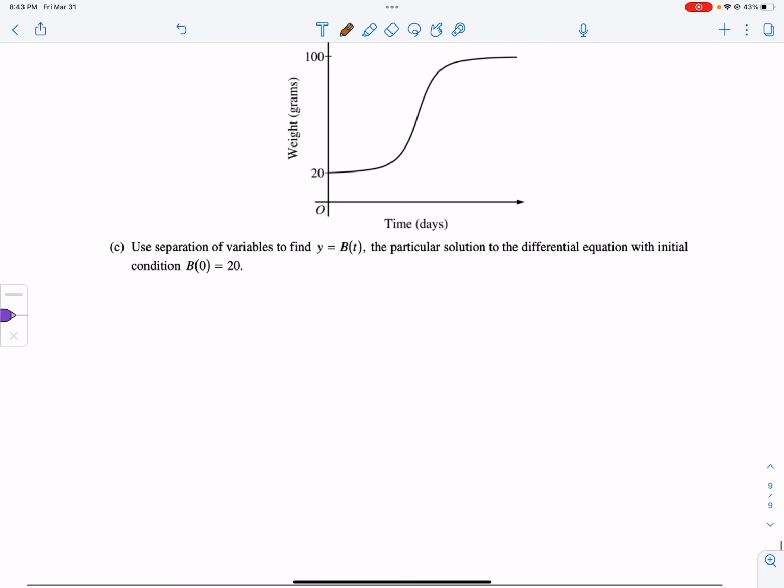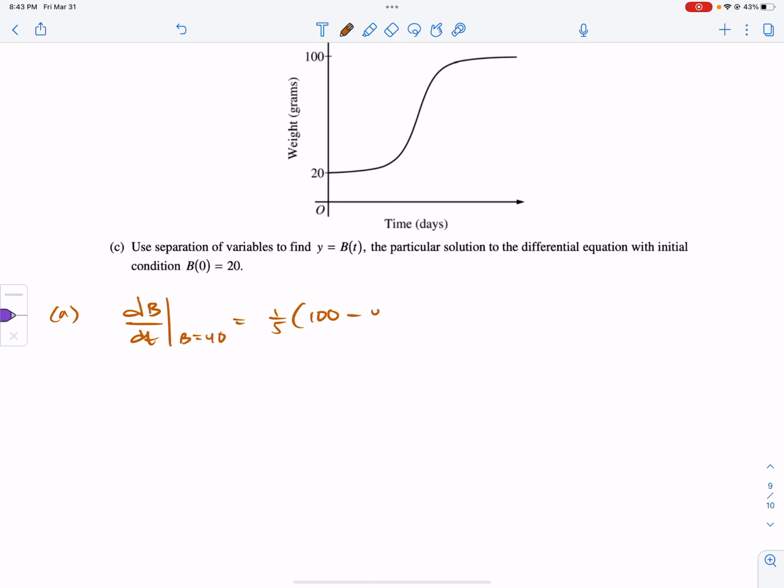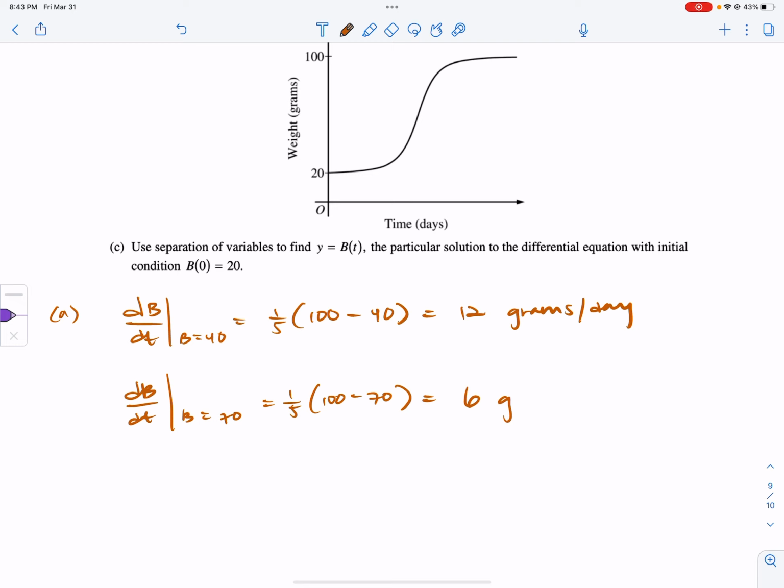So dB over dt, this is for A. When B is 40, it ends up being 1/5 times 100 minus 40, which is 12 grams per day. And then dB over dt, when B is 70, is 1/5 times 100 minus 70, which ends up being 6 grams per day.